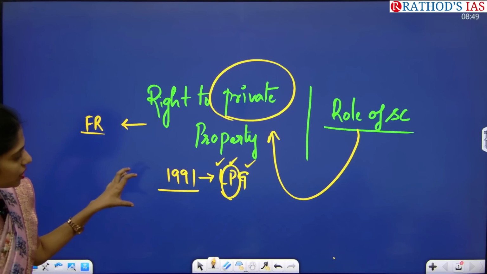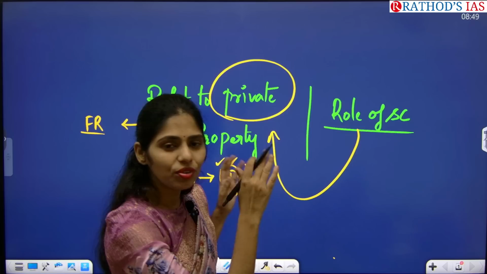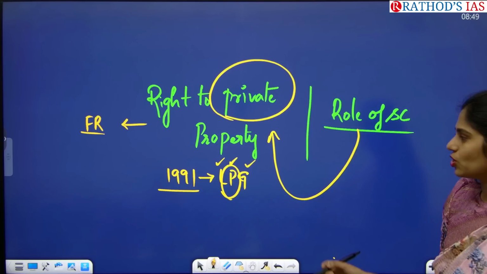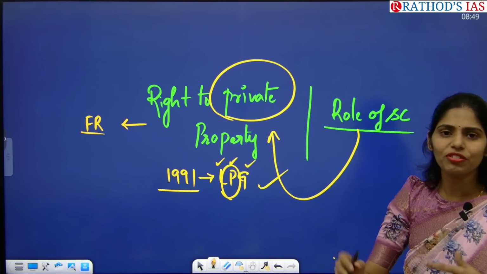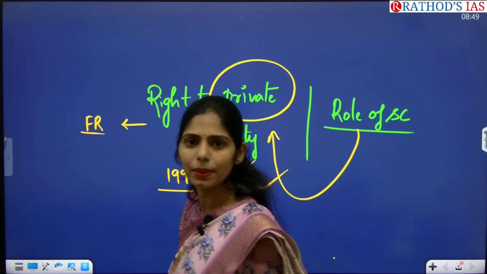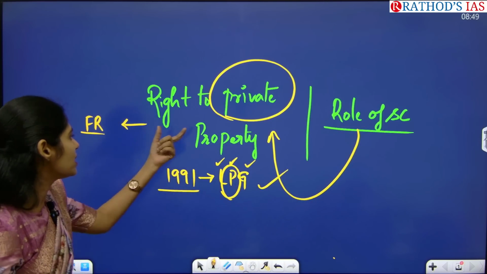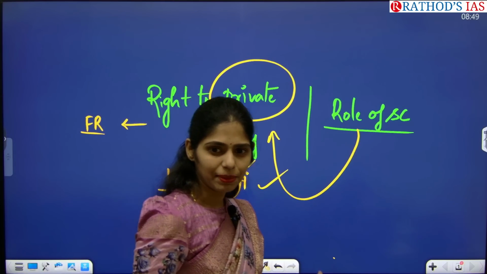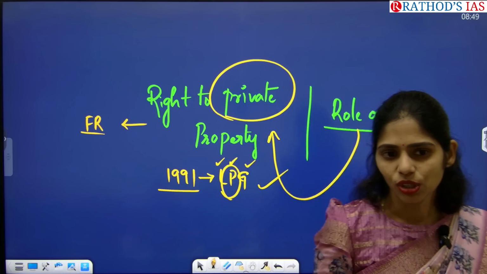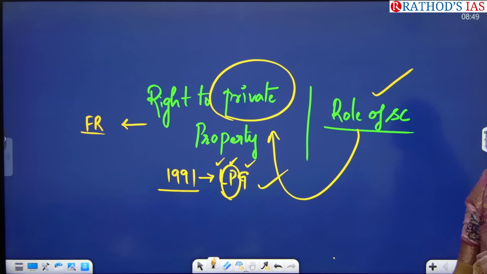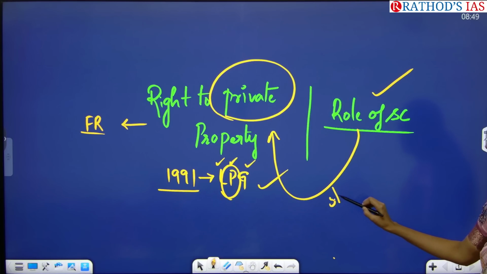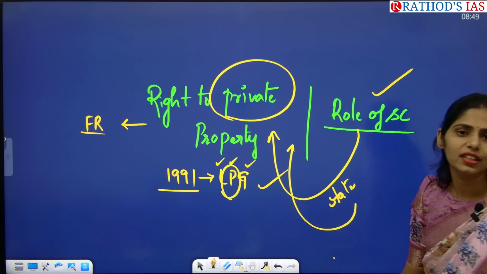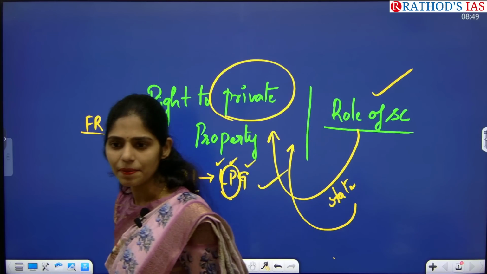Because of these LPG reforms, we moved from a socialist towards a capitalist economy, right? So now we have a capitalist economy where we are promoting private people. But if the state is controlling private property, can we ensure proper implementation of these LPG reforms? No. Because of this, the Supreme Court gave a judgment that states have limited power to acquire private property. This is the gist of this article.